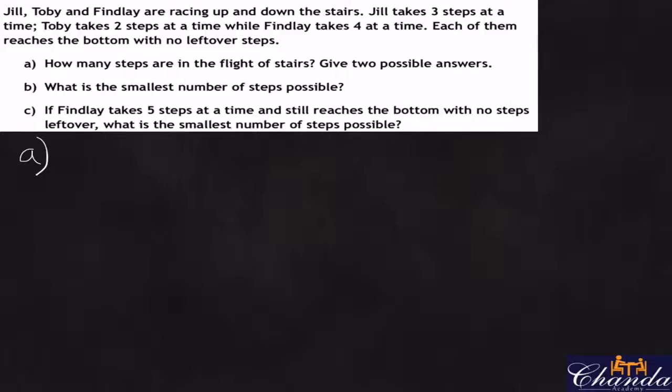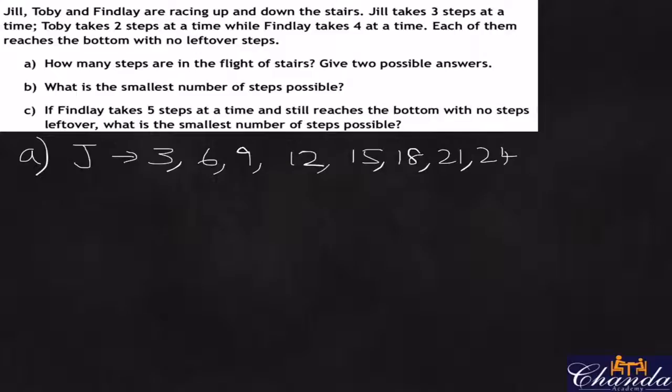So we have Jill, who takes 3 steps at a time. So we have 3 steps, then 6, 9, 12, 15, 18, 21, 24, 27, 30, etc. Then we have Toby, who's taking 2 steps at a time.